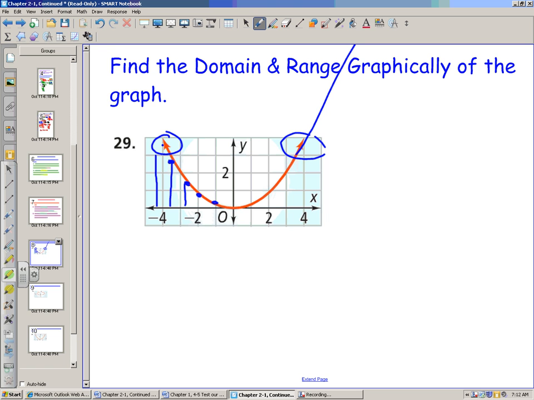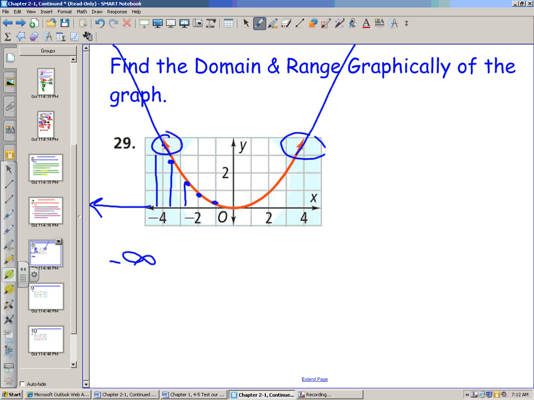That means it actually extends off the page, into the ceiling, into the sky, past the clouds, into the ozone layer, out into space. You get me? Meaning, my smallest x value is way down here. So my smallest x value is negative infinity, right? Meaning the absolute smallest number in the entire world.